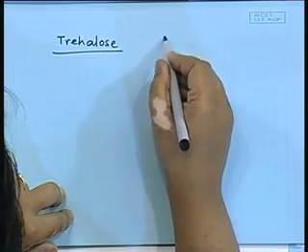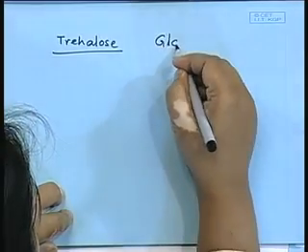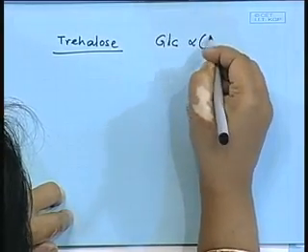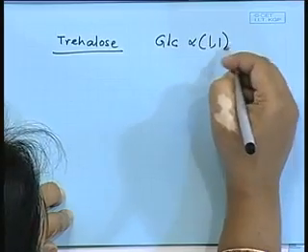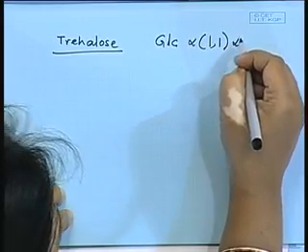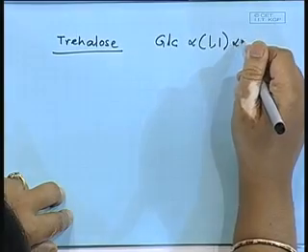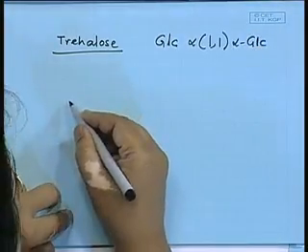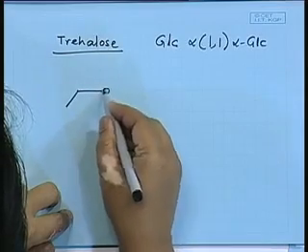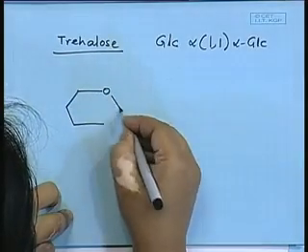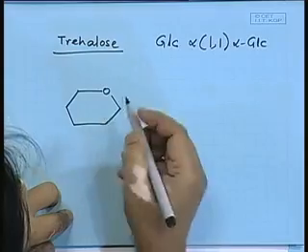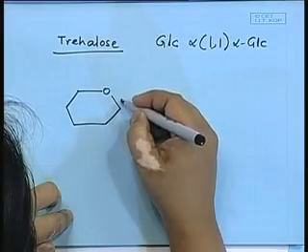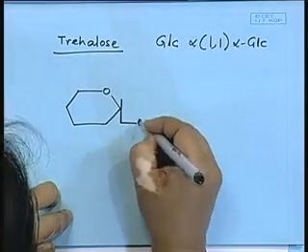This is glucose alpha 1,1. Actually, alpha 1,1 alpha glucose is written here, which means that the other glucose is also alpha. So, this is what we have when I write this. How will I write the O? Down, right?